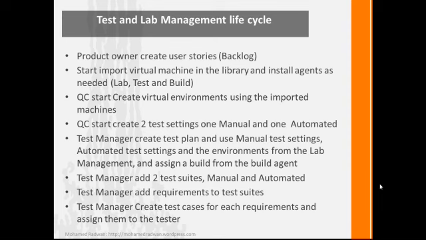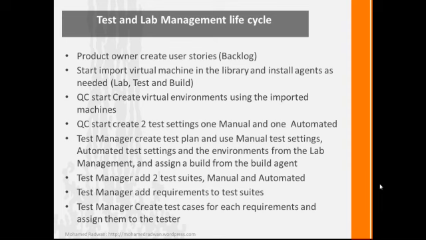The QC starts creating 2 test settings, one manual and one automated. After that, the test manager creates a test plan. The test manager opens the test center and starts creating a test plan.